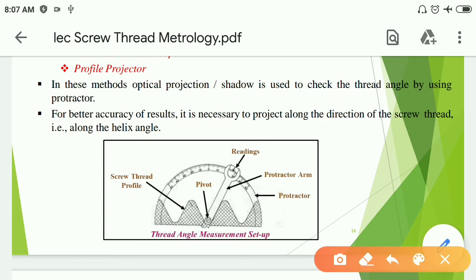This is the protractor and we are measuring the angle of this. For better accuracy of the result, it is necessary to project along the direction of the screw thread, for example along the helix angle. Here we can measure the angles by using the projector.